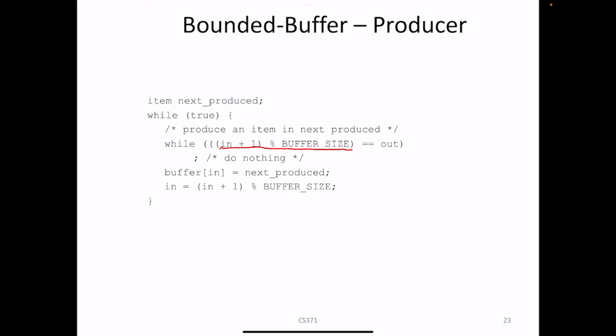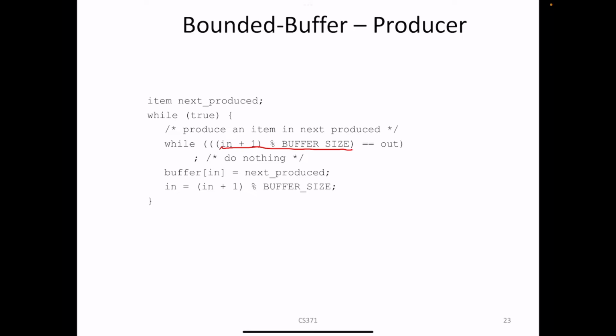Some students may ask, we still have one more slot available, why can we not put more atoms on the buffer? So you can imagine, if we put one more atom on the buffer, it will fill up the buffer, right? Then in variable has no place to point to, because in has to point to an empty slot.